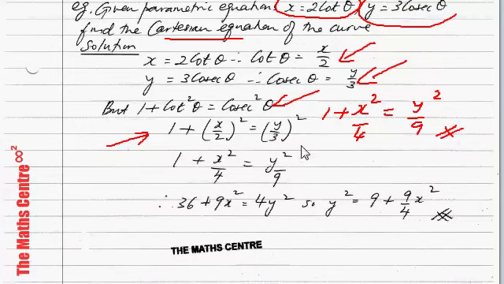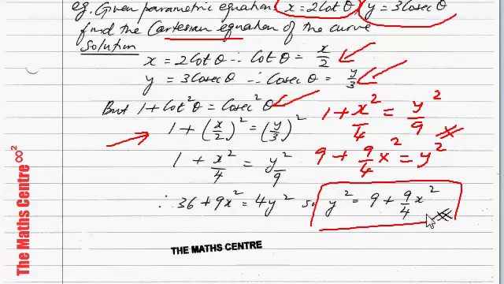You can write it in different forms, depending on the question, how the examiner wants your answer. So if you multiply throughout by 9, you'll get 9 plus 9 over 4 x squared equals y squared. So that's what you see here. And we're done.